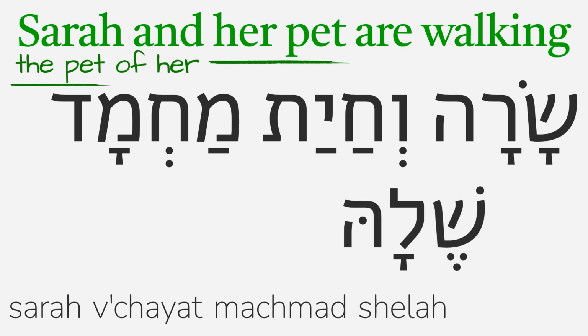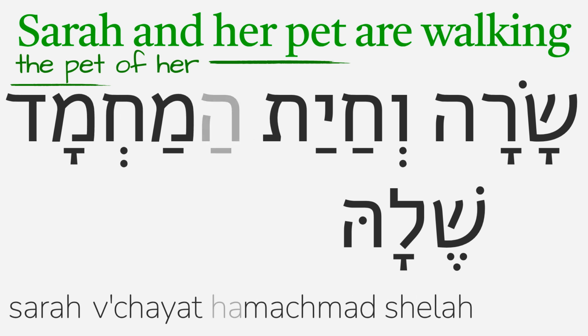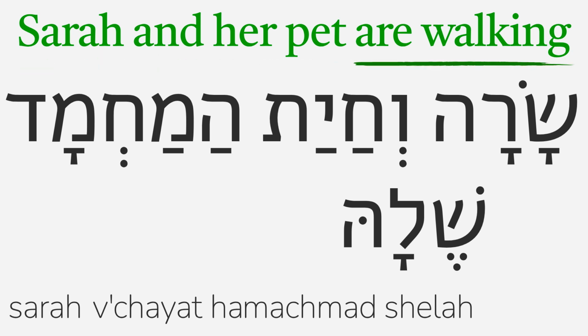To say the pet, we have to add a ha, meaning the, onto chayat machmad. But chayat machmad is a construct phrase. When we add a ha onto a construct phrase, the ha must go on the last word of that phrase. So the pet is chayat hamachmad. So the pet of her, or her pet, is chayat hamachmad shelah. Then we have the verb are walking.